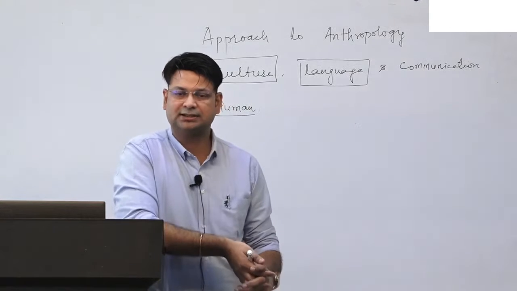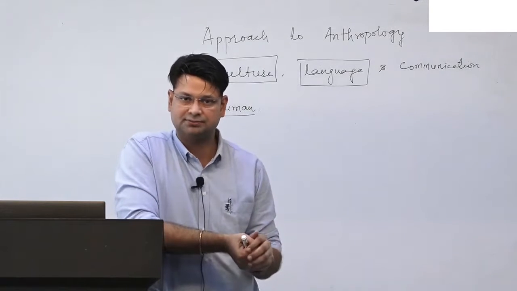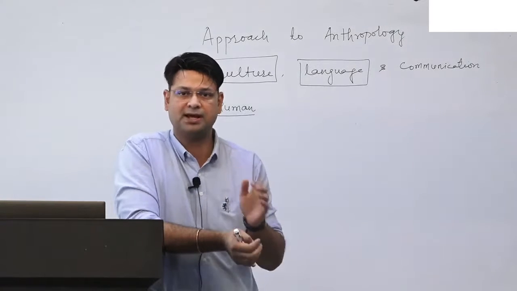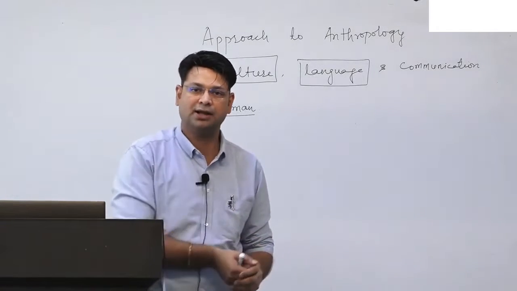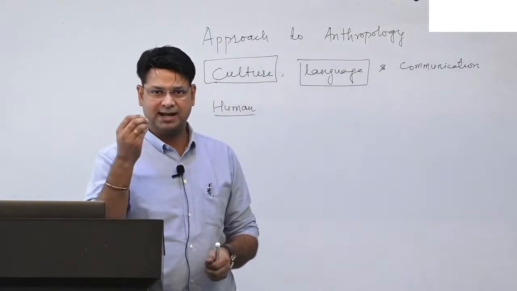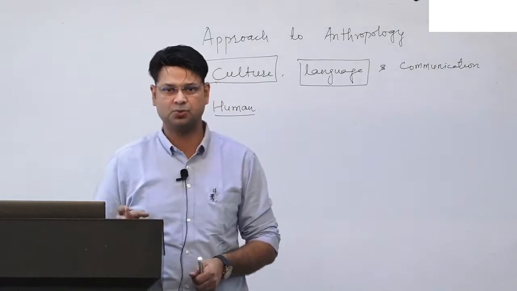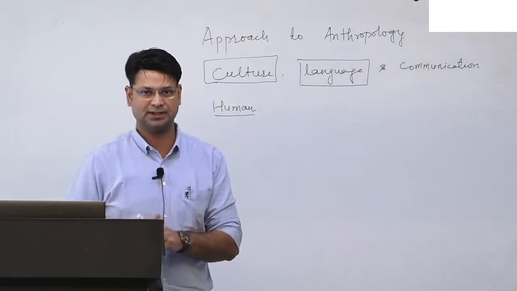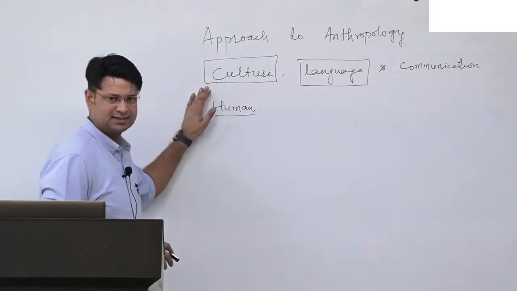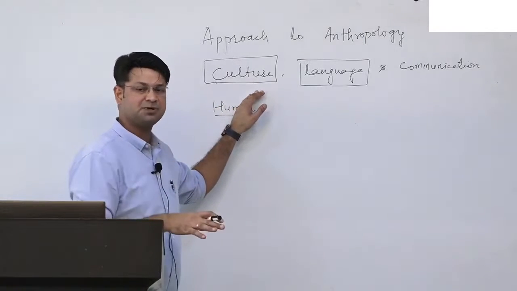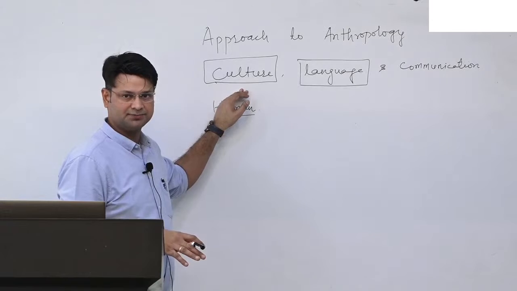He says that culture or civilization, taken in its widest ethnographic sense, is that complex whole that include knowledge, morals, art, customs, and any other capability or habit which is acquired by men as a member of society, right? So culture is learned, culture is acquired, culture is transmitted, culture is shared, right?